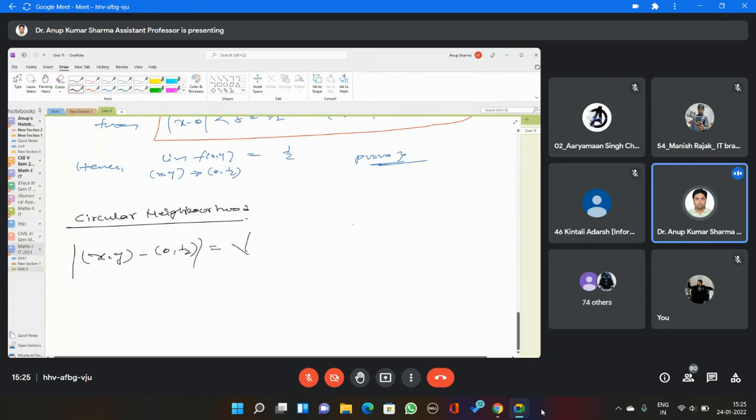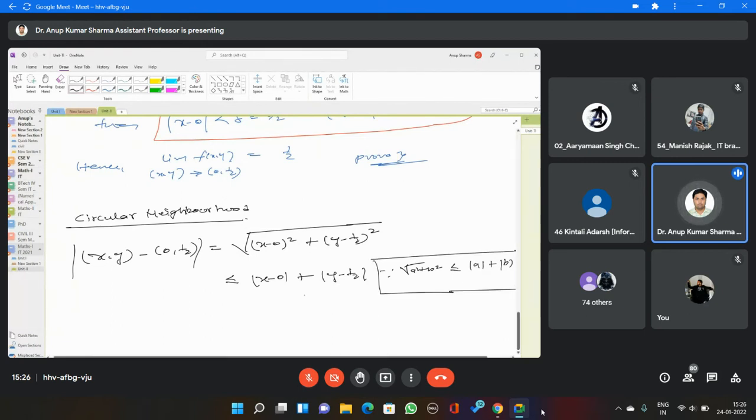So next we write: square root of (x minus 0) whole square plus (y minus half) whole square. These terms we are not getting from the epsilon directly, so here the things need to change in some other way. So we can write mod of x minus 0 plus mod of y minus half. This is the property: square root of a square plus b square is less than modulus of a plus modulus of b. We know this property.